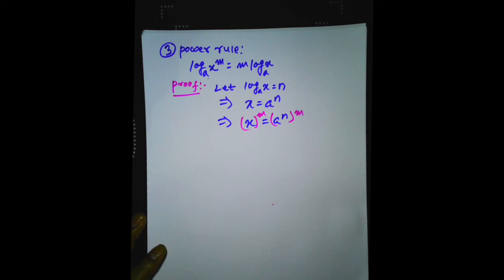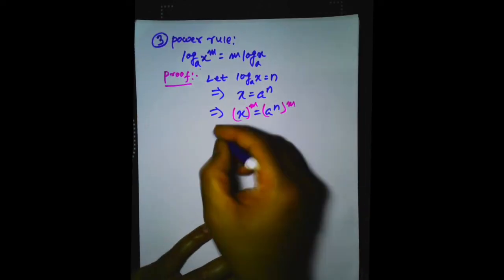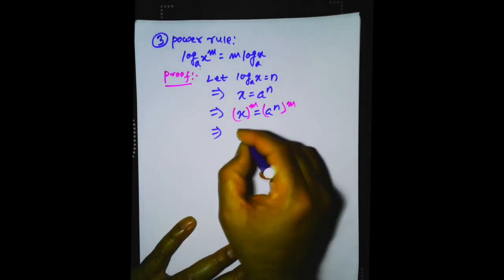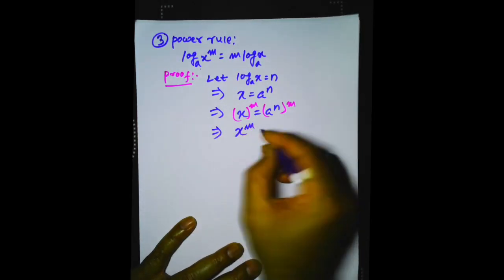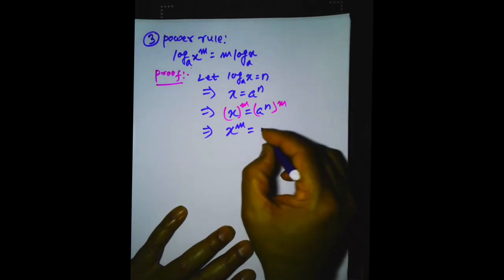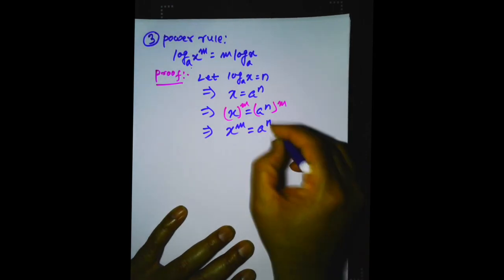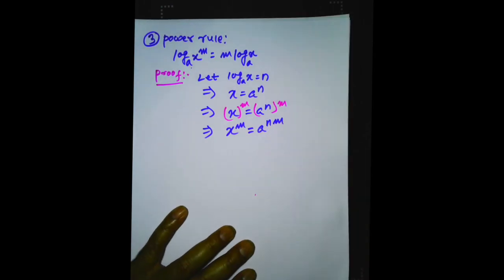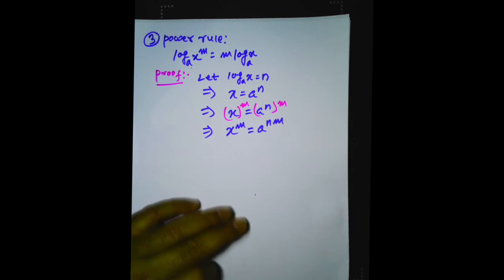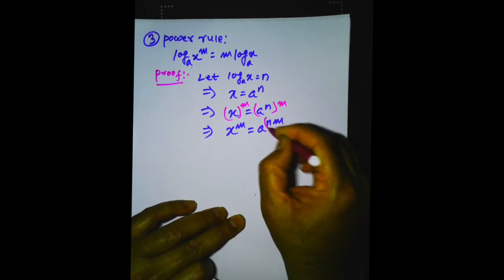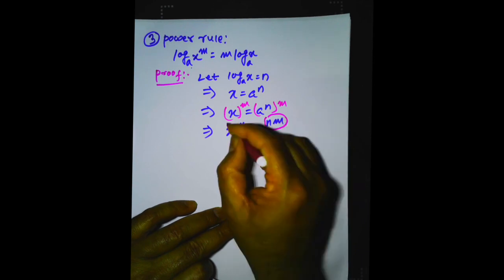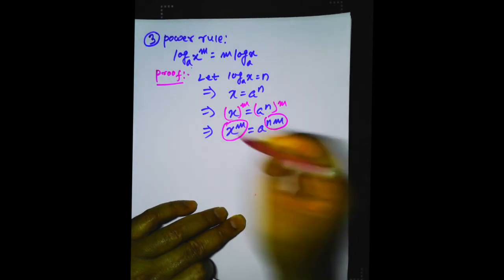Okay, now we shall go ahead to the next step. After this step, it's going to be x to the power m, and it's going to be a to the power n times m. Now suppose nm is a single number, and this x to the power m is also a single number.